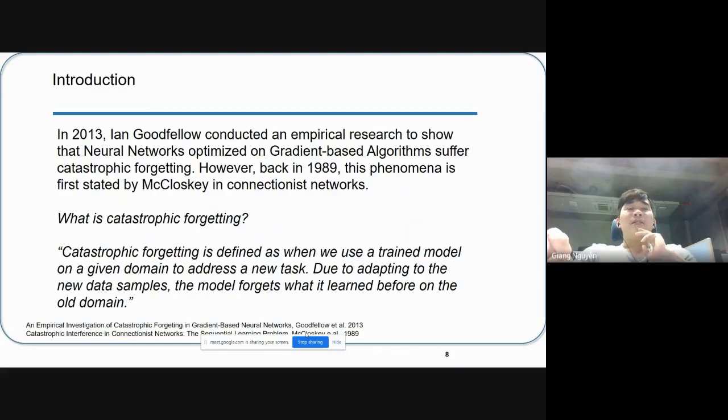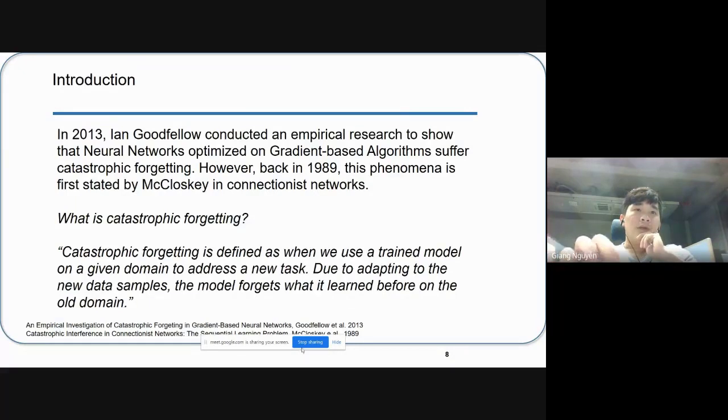In 2013, Ian Goodfellow conducted research and showed that every network optimized with gradient-based algorithms will suffer catastrophic forgetting. However, this problem was stated first in 1989 by McCloskey. So when you conduct continual learning, remember to cite this paper.